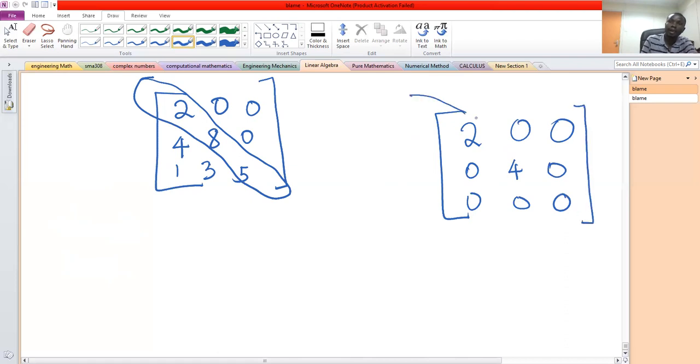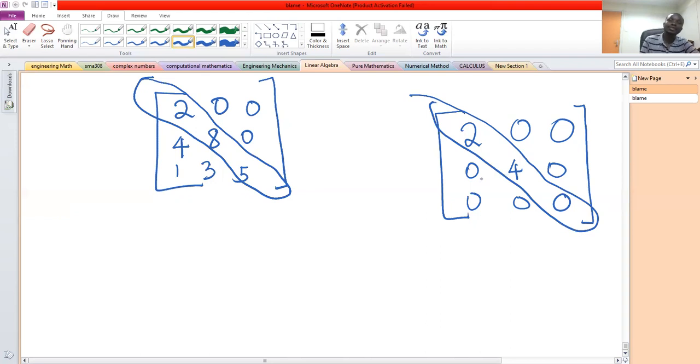This is still a lower triangular matrix, keeping in mind that everything above the main diagonal are zeros.